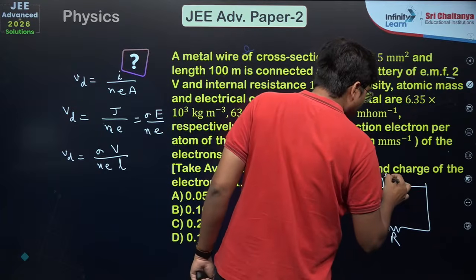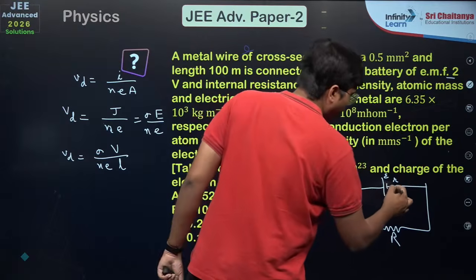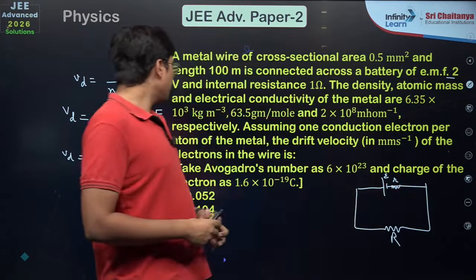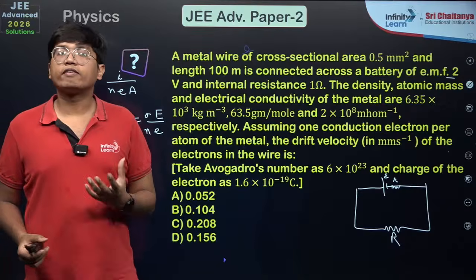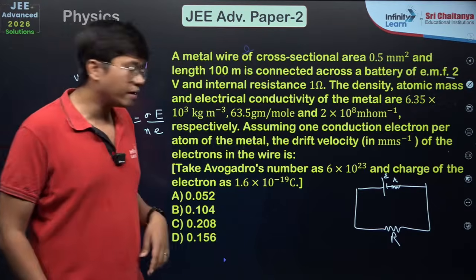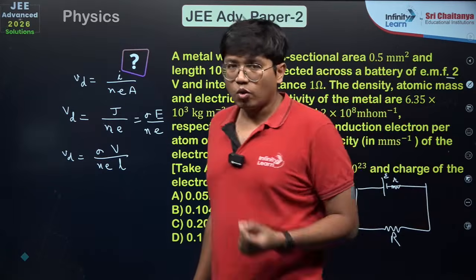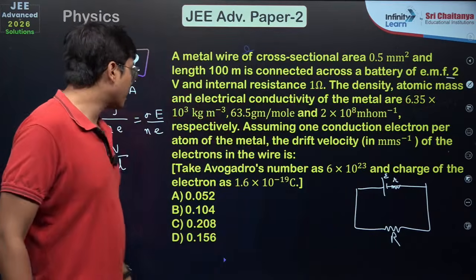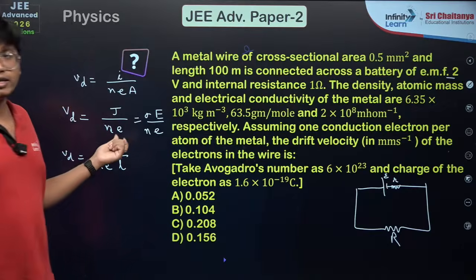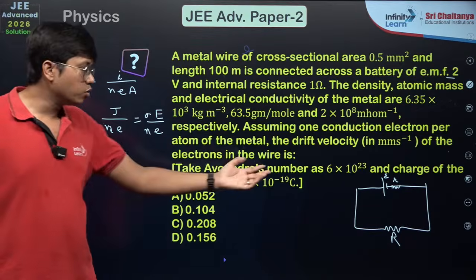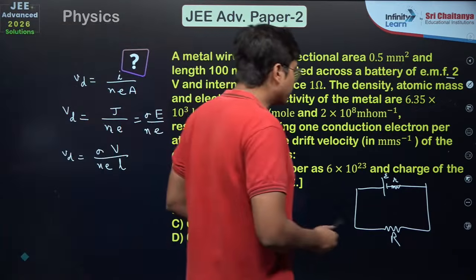The cell has an EMF V and an internal resistance small r. Now the V that you use here is not the full EMF given by the cell, because a part of that EMF will be used up by this internal resistance here as well. So you have to take that into account when finding the voltage that eventually is used up over here. How do you do that?